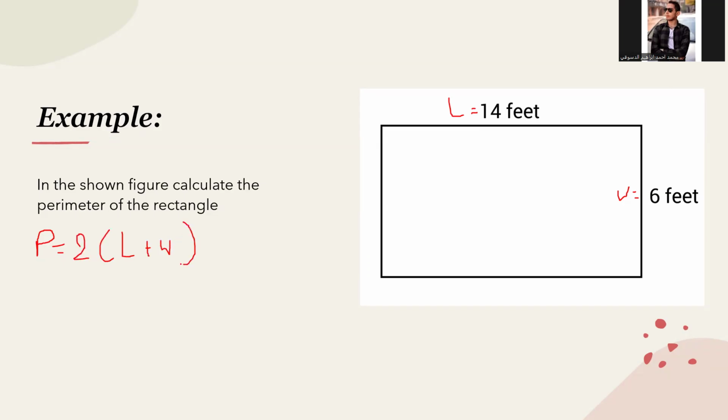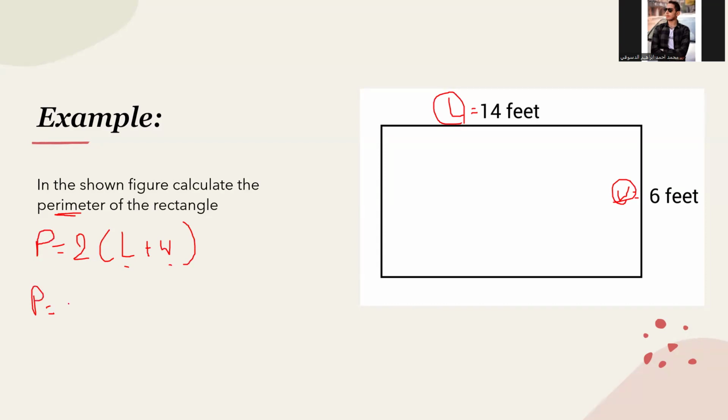To solve any equation related to the area or the perimeter, you just write the formula and try to understand what is missing to solve the equation. He wants me to get the perimeter, so he must give me the length and the width. He gave me the length and he gave me the width. Now I can get the perimeter.